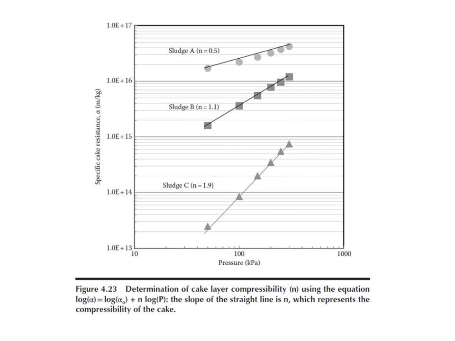So this is actually the plot to obtain n value. We change the pressure, and we monitor the specific cake resistance, and the slope is actually the cake compressibility index, which means if the graph is steep, this cake is more compressible, and if the slope is not very large, in this case this cake is not very compressible.